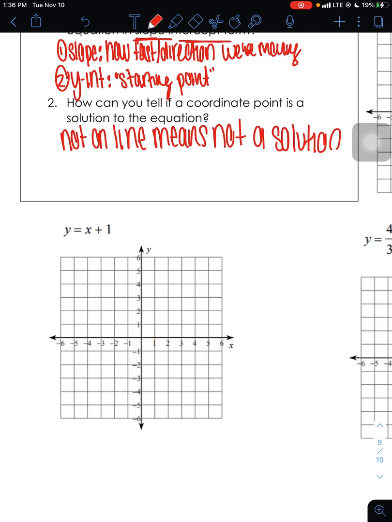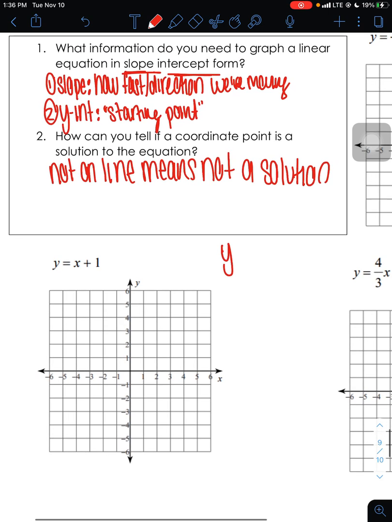It says y equals x plus 1. So let's go ahead and refresh our memories for what slope-intercept form even looks like. It looks like y equals mx plus b. And here I know m is going to be the slope. And note that m is just the coefficient in front of x.